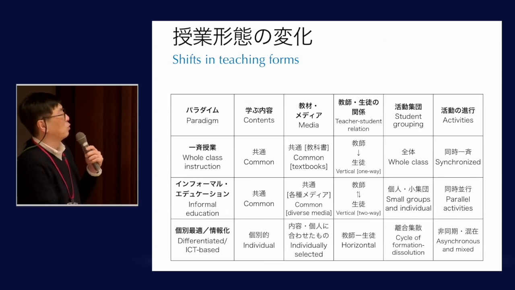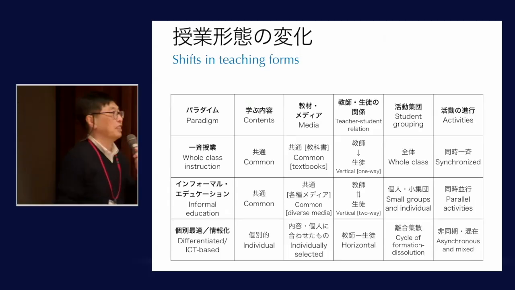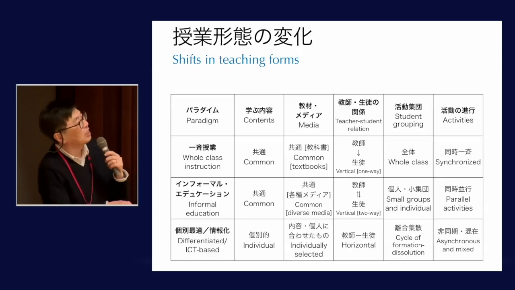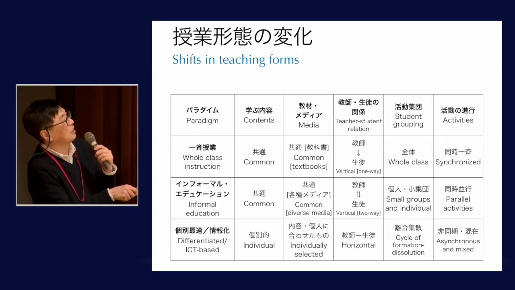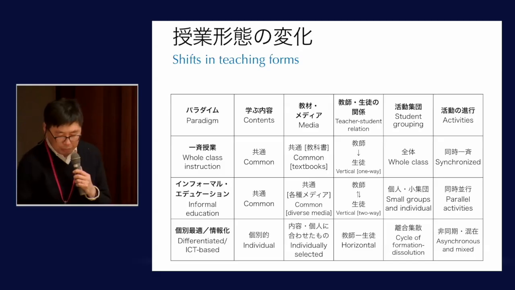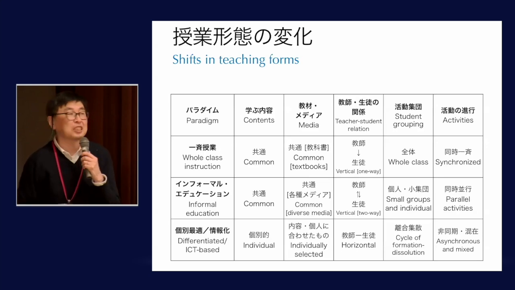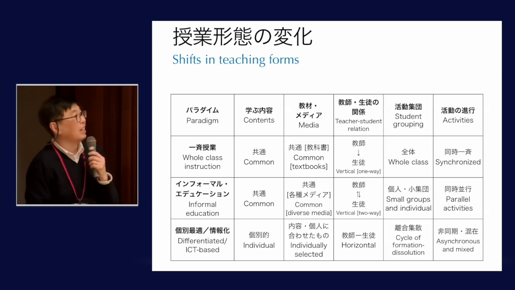Recently we are trying to personalize learning, not just for the classroom type, and also to use informal class programs. However, the activity group and the progress are very important for the space of the school facilities. And also media is personalized, and electrified.